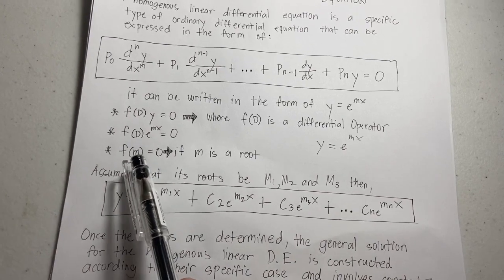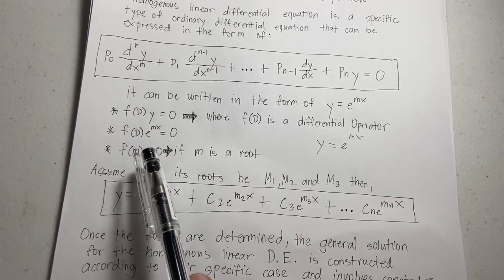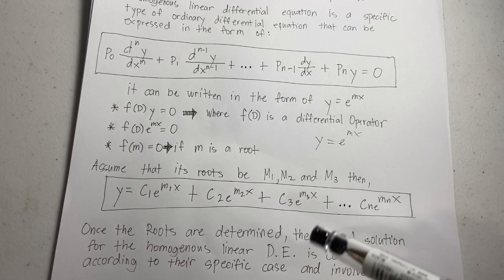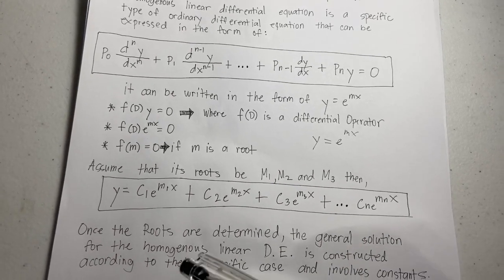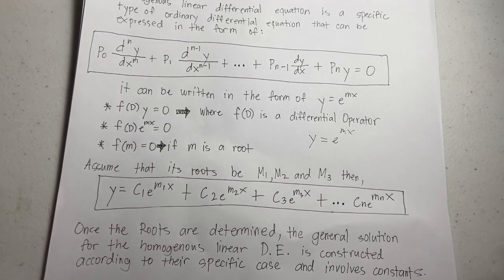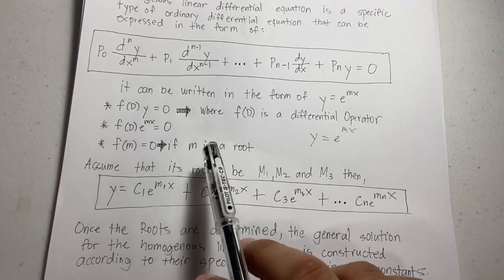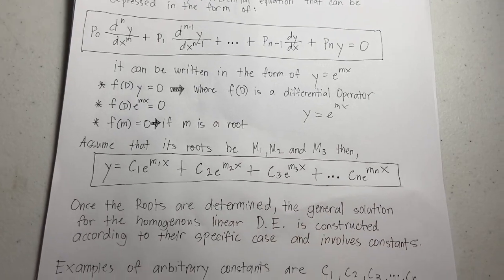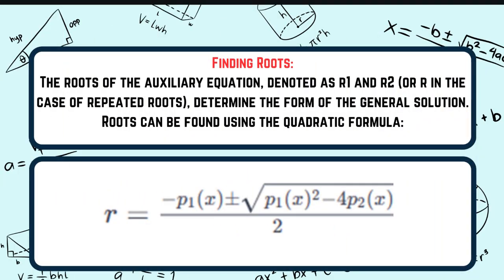And f with respect to D is converted into an m, which is considered the auxiliary form. So if m is a root, in finding the roots of the auxiliary equation, denoted as r1 and r2, or r in the case of repeated roots, determine the form of the general solution.